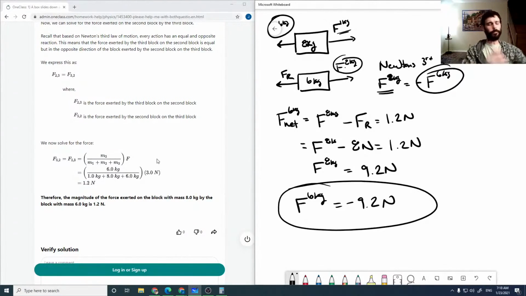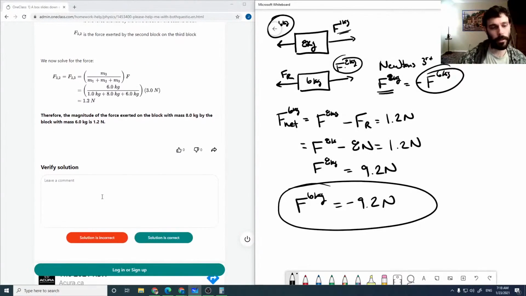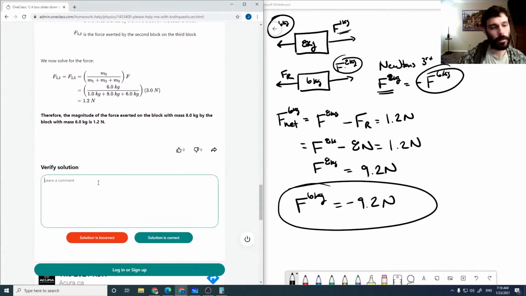And then they just take it as a fraction, which doesn't work here because if the force of our 8 on our 6 or our 6 on our 8 was only 1.2 newtons, it wouldn't actually surpass the force from the right, and then the 6 kilogram block would actually be moving backwards, which is impossible.